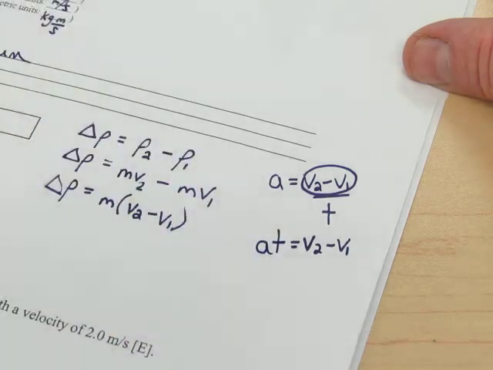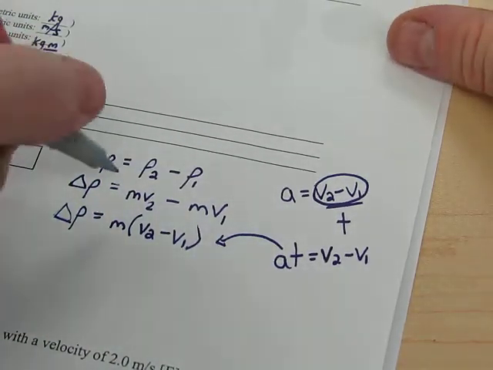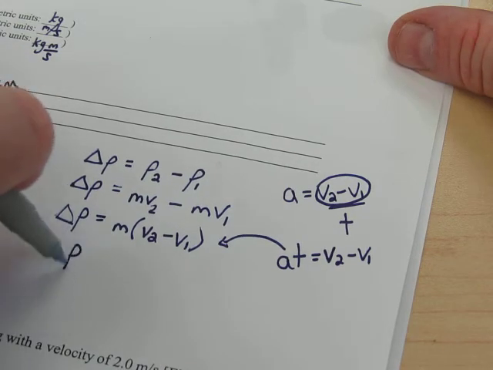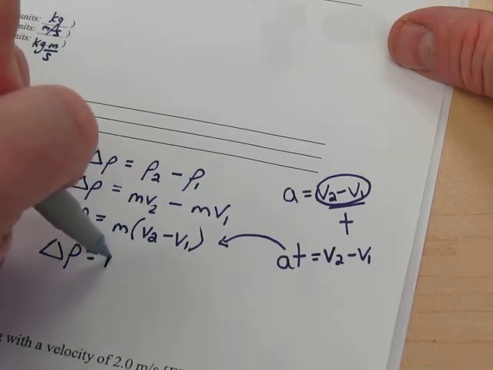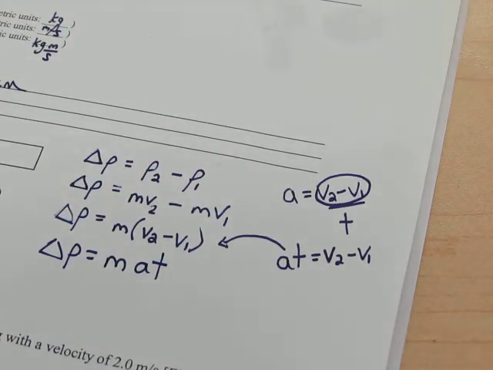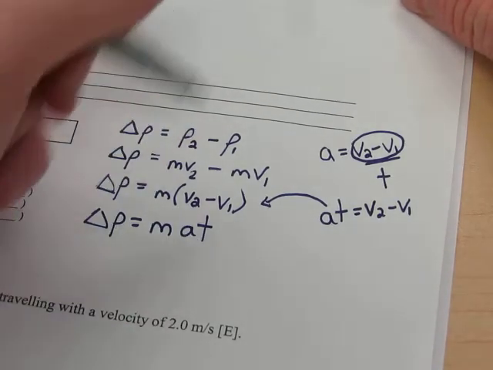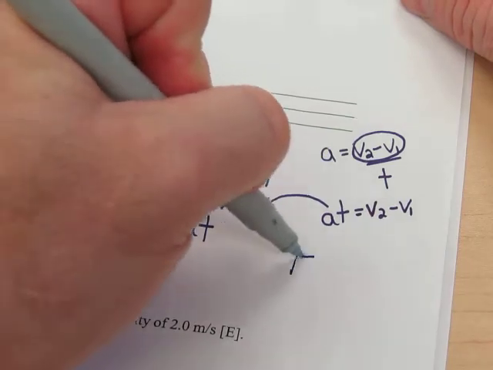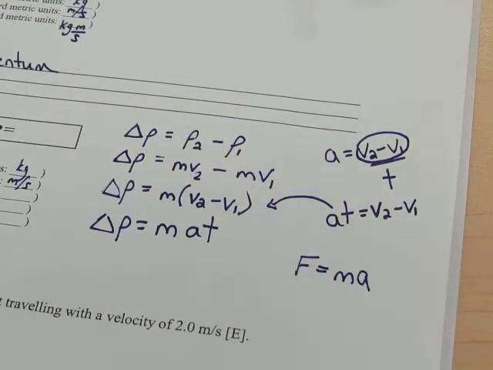If we sub that in as a result, we could rewrite this formula as: change of momentum, impulse, is m a t. That could be another version of the formula, but it's usually not written like this, because force equals ma, the typical force formula from grade 11.